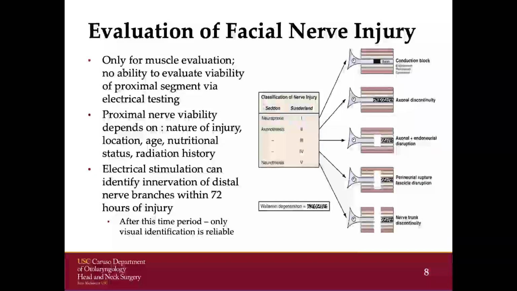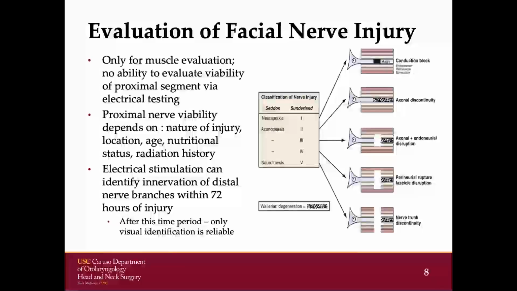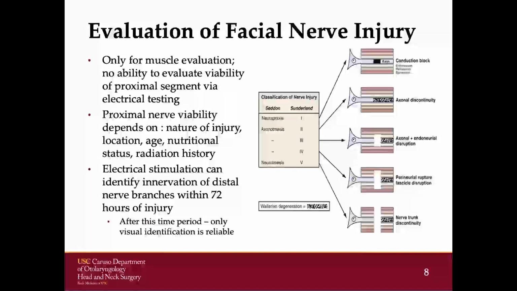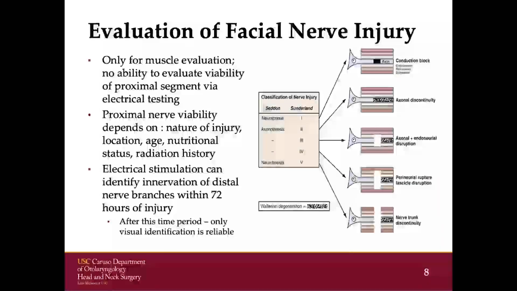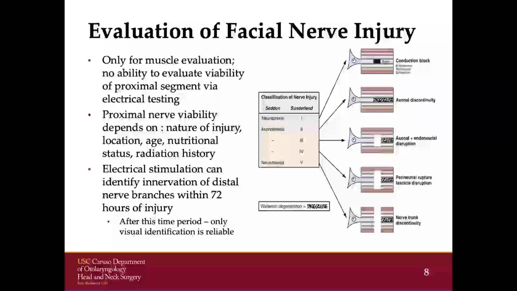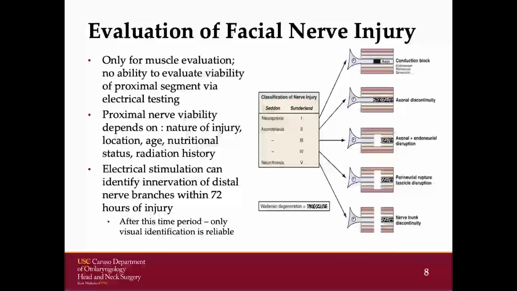For example, whether it's a crush injury or a penetrating injury, in which case there could be transection of the entire nerve, as demonstrated in the Sunderland class 5 classification, and also the location of the injury along the course of the facial nerve, whether it's at the distal end or at the main trunk, or even more proximal to that. And then age is an important determinant of the regenerative capacity of the nerve, and also the patient's nutritional status, comorbidities, and radiation history.